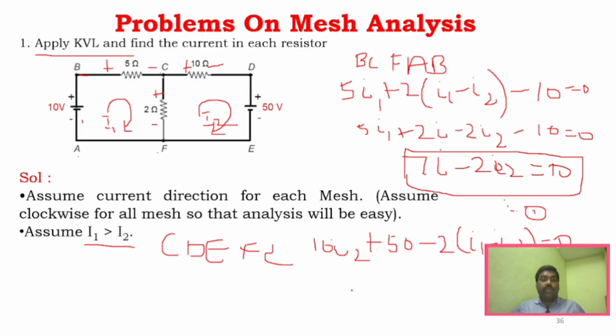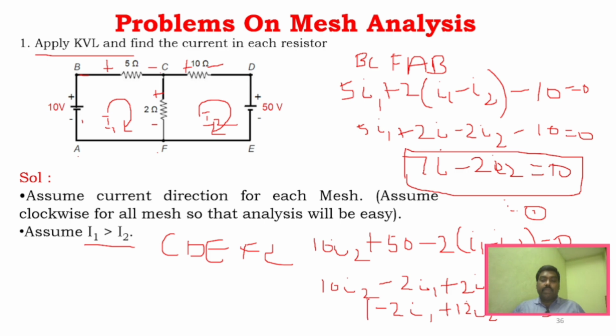Now how do you write this expression? It's 10 I2, and now it's minus 2 I1 plus 2 I2 is equal to minus 50, which means it is minus 2 I1 plus 12 I2 is equal to minus 50.